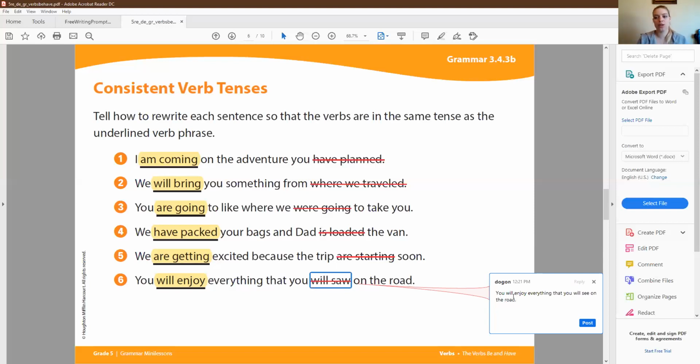So for this one, we noticed that we changed saw to see. Okay, you will enjoy everything that you will see on the road, because that has not happened yet. Future tense matches with future tense.